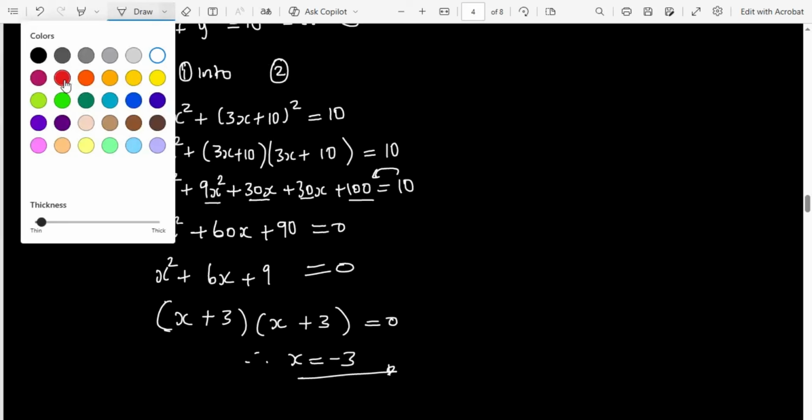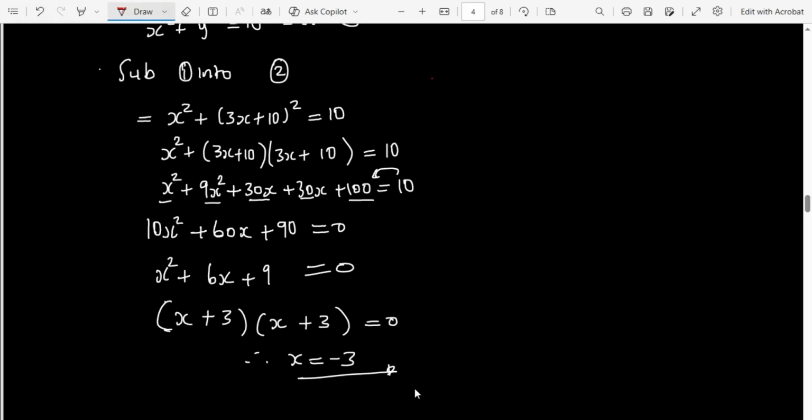We only have one solution, okay? Therefore, we can conclude that the straight line only touches the circle at one point. And if we had maybe two solutions, for example x is minus 3 and x is 5, then you can say no, since we have two solutions, it cannot be a tangent.